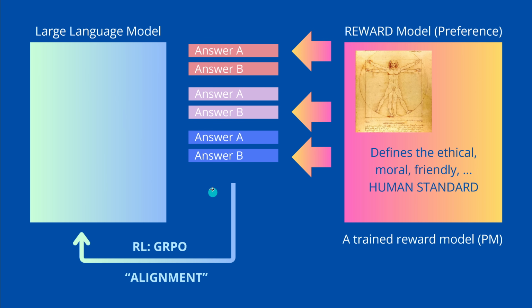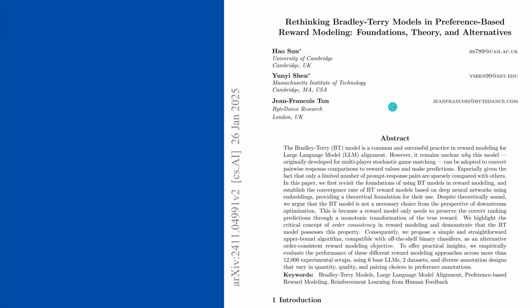And of course, with reinforcement learning by human feedback, if we have the reward model, we can use reinforcement learning alignment. Let's say we go with GRPO. Standard, no? If you want to learn more about this, especially the Bradley-Terry model for preference-based reward modeling, I would recommend this publication from January of 2025.